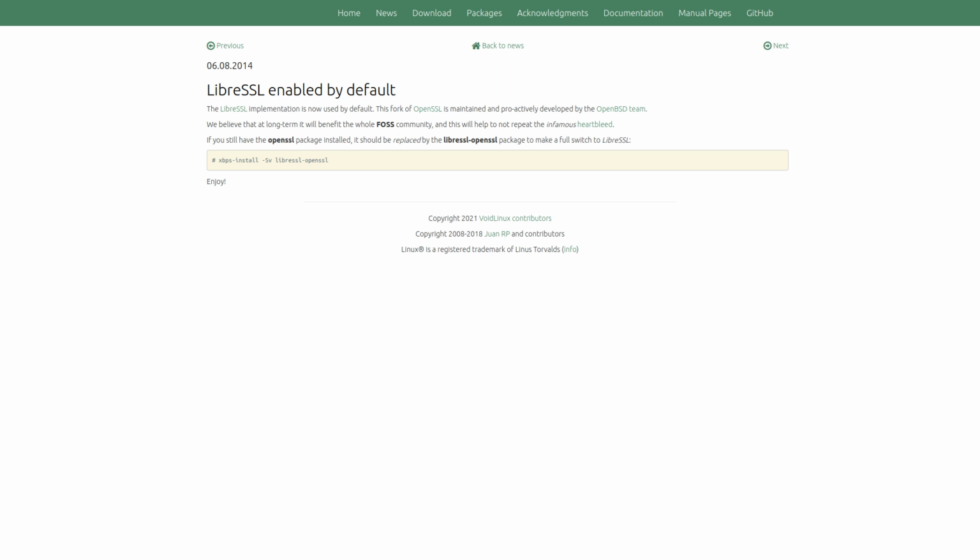And I think their original idea here, well, they pretty much say as much here, was that the more people in the free open source community would follow suit, maybe you would end up seeing more distros and more applications using LibreSSL by default. Although that didn't really happen. Void Linux is pretty much the most well-known distro that had LibreSSL by default, and even then, many people consider it to be a pretty obscure distro.